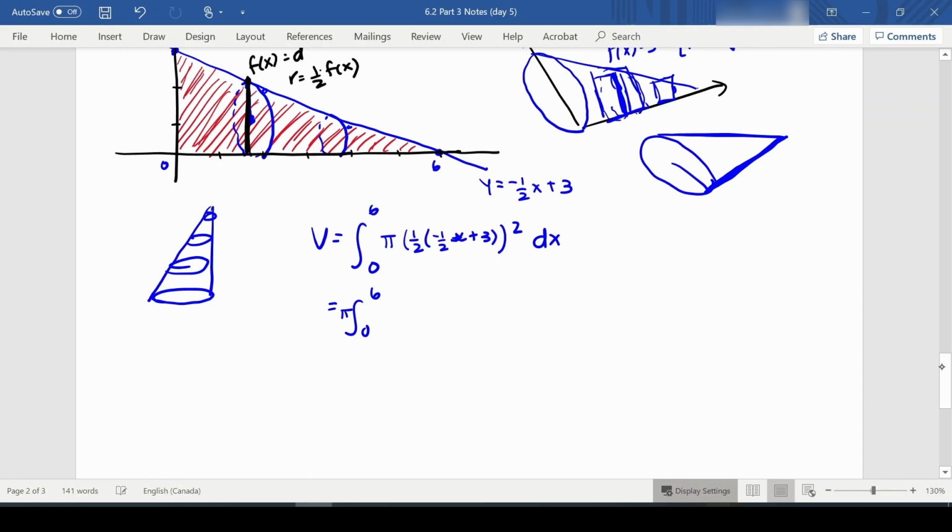So I'm going to take the pi out. We've got negative 1/2 x plus 3 over 2, squared, dx. This is going to give me pi, 0 to 6.